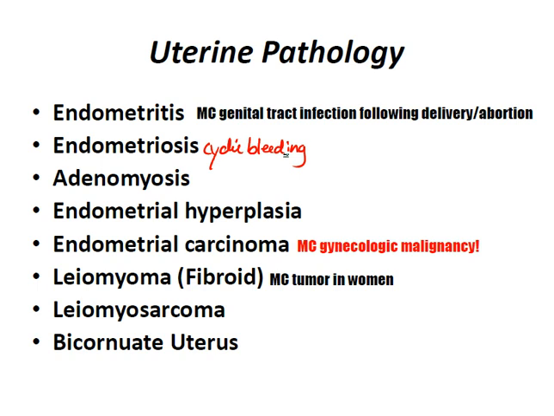So an example, symptoms may worsen leading up to menstruation. Now, women in their 20s and 30s may present with infertility and the 3 Ds. And that is dysmenorrhea, dyspareunia, which is painful sexual intercourse, and dyschezia, which is painful defecation.